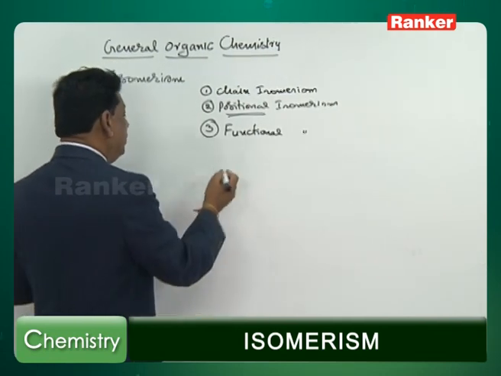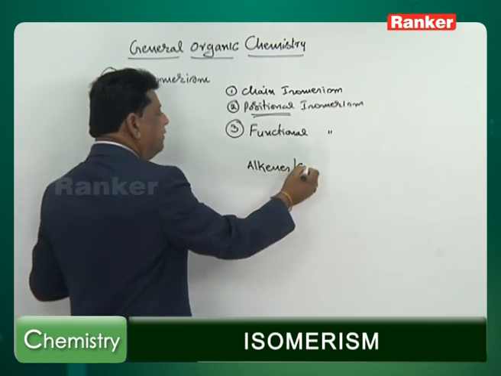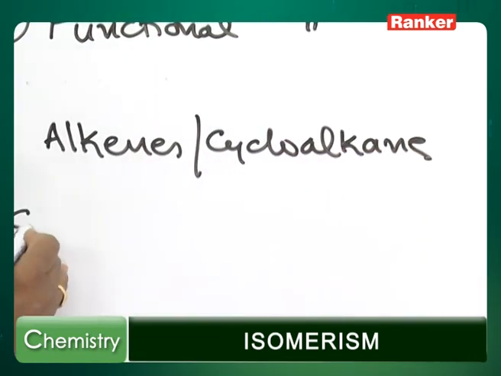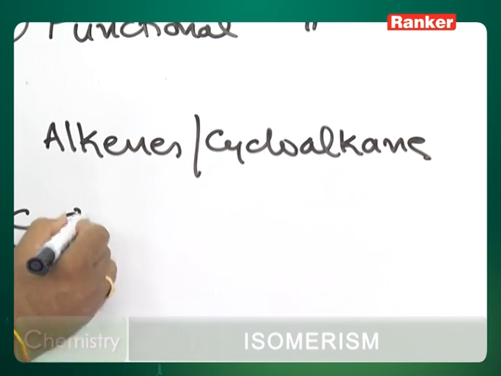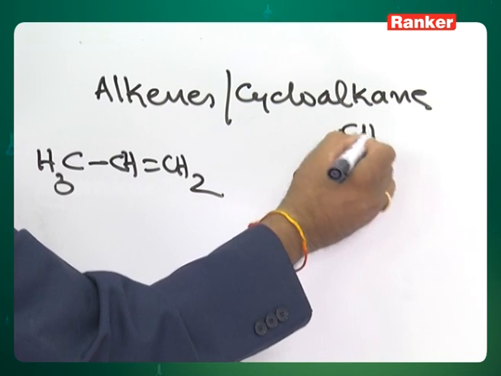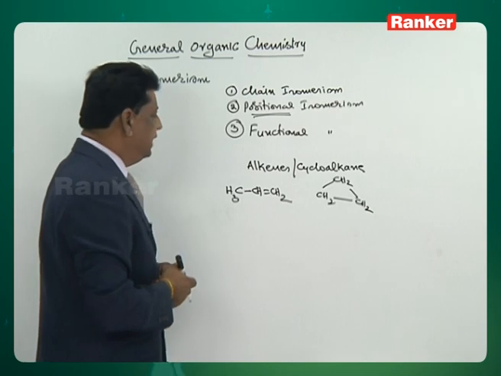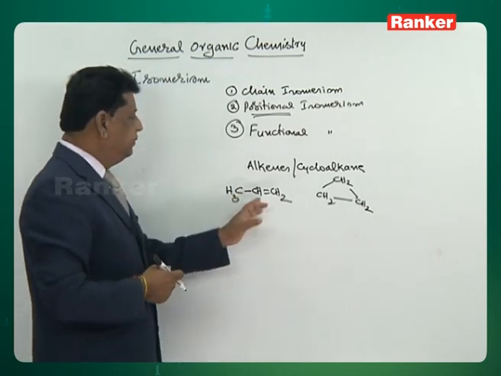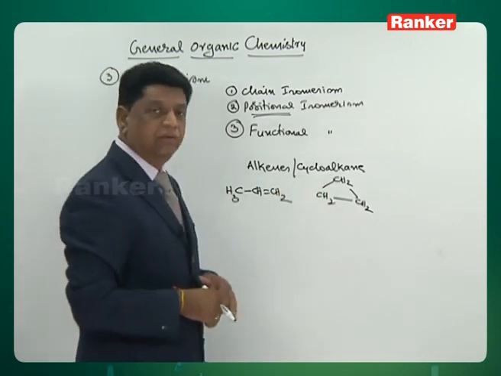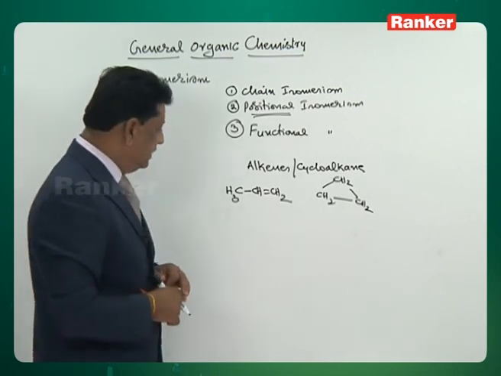Many examples can be quoted, like alkenes and cycloalkanes. For example, propene, CH3CH=CH2, and cyclopropane. Both have the same formula C3H6, but one is in the alkene chapter that undergoes addition reaction, but the cycloalkanes, except a few small members, are quite stable when compared with the alkenes.